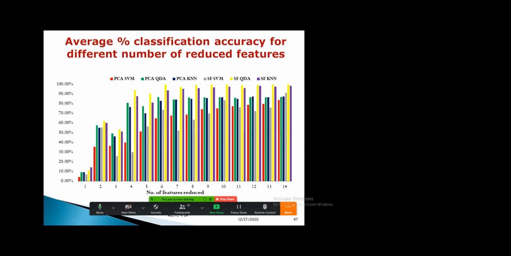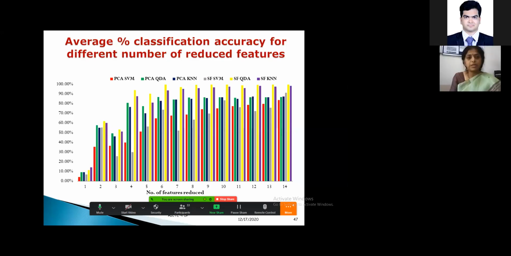That means after making the matrix sparse, we extracted only 10 features, and then we are able to distinguish between these movements. We applied that to SVM, then to QDA and SF KNN, and as I told you earlier, the results were nearly constant. Definitely we got better results with QDA and with SVM.